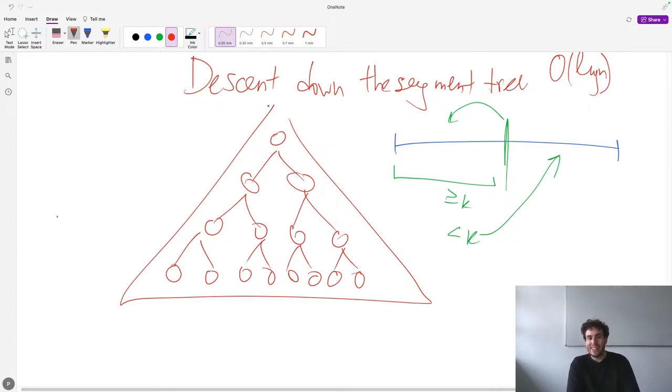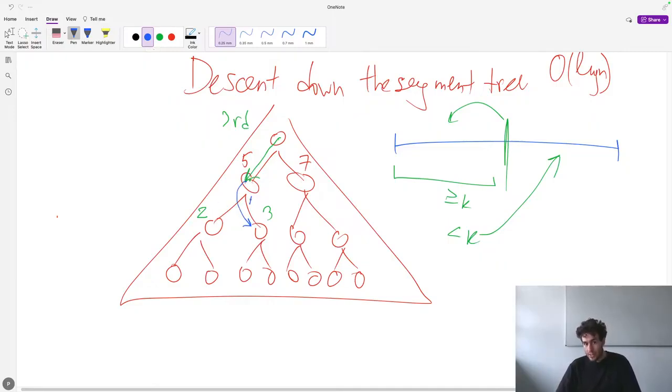But I want to say that you can do the same thing with your segment tree. Imagine I have 5 ones on the left and 7 ones on the right. I want to find the third one. Well, I see that on the left I have 5, so I go to the left. Then I see that, for example, here there are 2, and here there are 3. In total there are 5: 2 here, 3 here. 2 is not enough, so I go to the right.